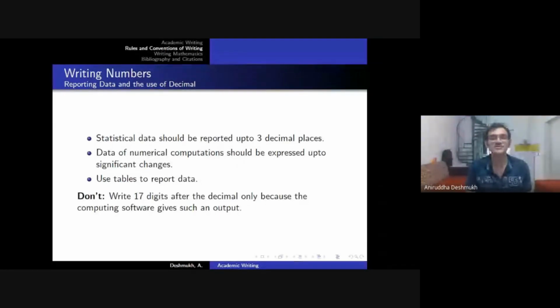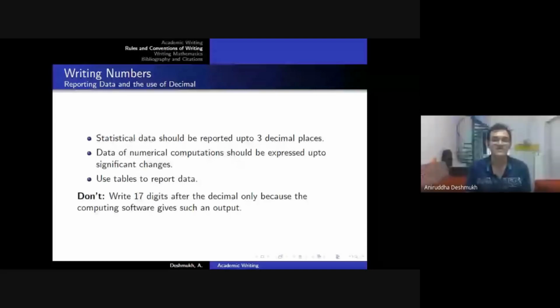Now, what many people do is, just because a computing software such as MATLAB gives us output in 17 digits, many people write the whole 17-digit number in their thesis or research paper. But that is not a correct way. The major problem in doing so is that the mood of reading the whole thesis or the paper is killed off.